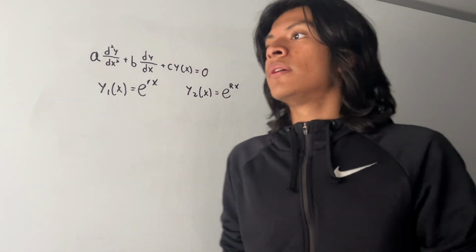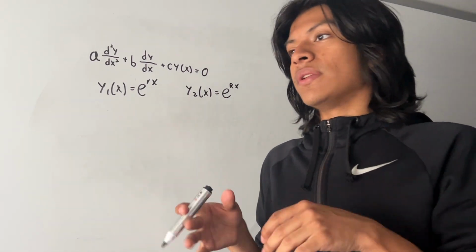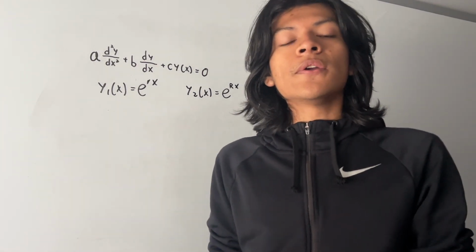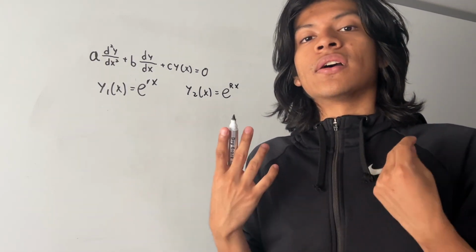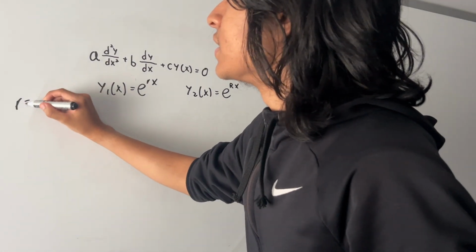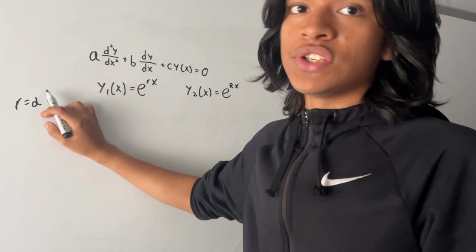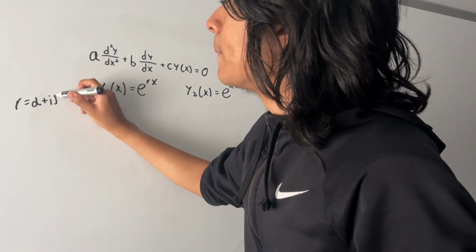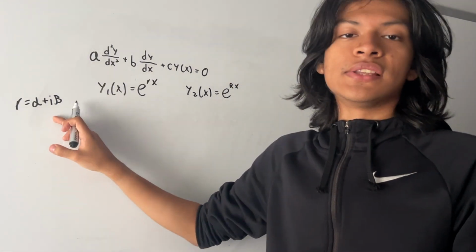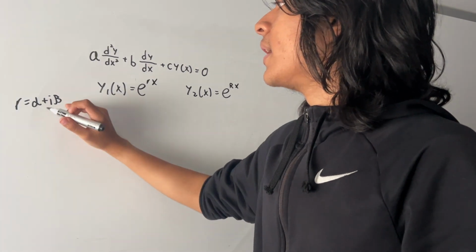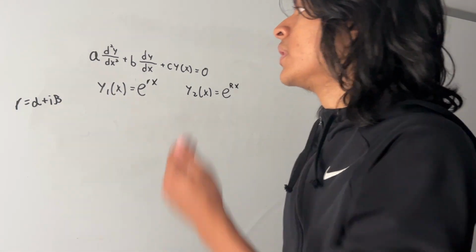And so the main point of this video is, what if when we're trying to solve for r, we get a complex number? A complex number being r equal to alpha, which is a real number, plus i beta, where i is the complex number, the square root of -1, and beta is just another real number.